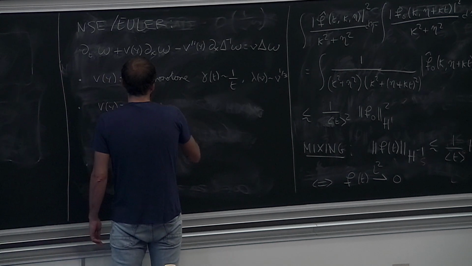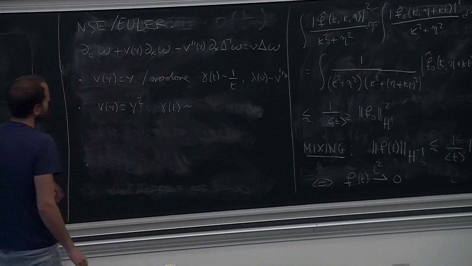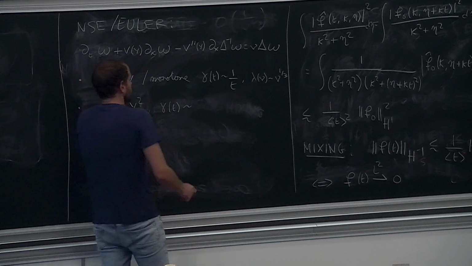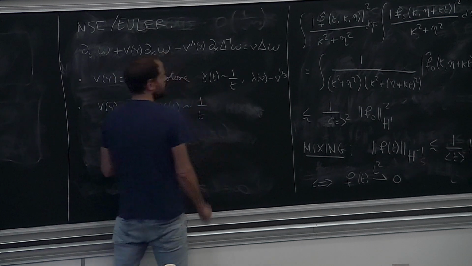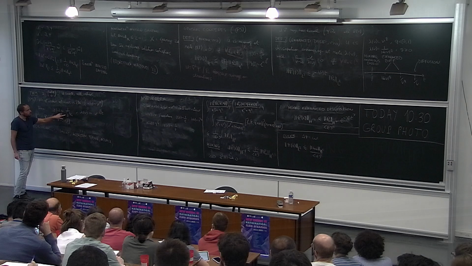So gamma of t, and this is just at the linearized level, is still 1 over t, okay? Which is not consistent, if you like, with this rate, okay?